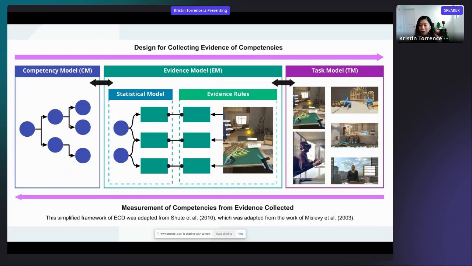But if you move from right to left, from the task model to the competency model, it's a method of measuring competencies based on evidence collected using predictive modeling. Given the data that's collected in the task model, or the game, what does this evidence say about learners' performance? And how does knowing this shape our inferences about learners' competency levels and what they can do?